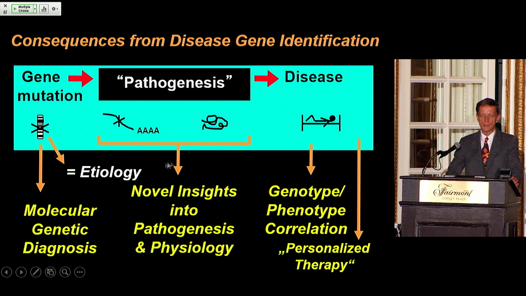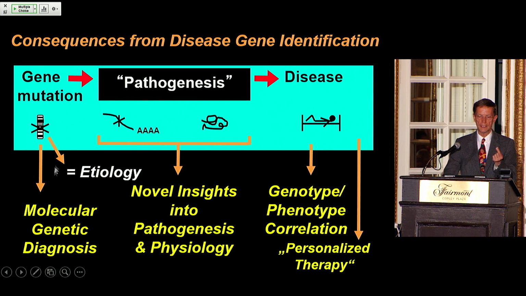So the consequences from knowing this specific monogenic disease gene mutation are that we can provide the patient and the family with an unequivocal molecular genetic diagnosis. We have a secure starting point to study the pathogenesis, and many disease mechanisms have been revealed in this way.